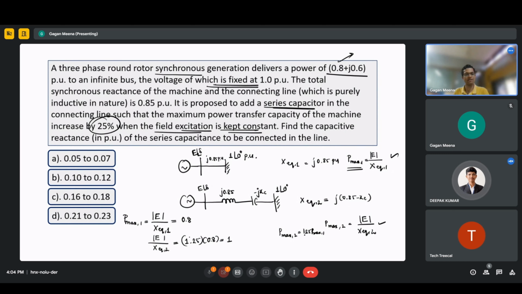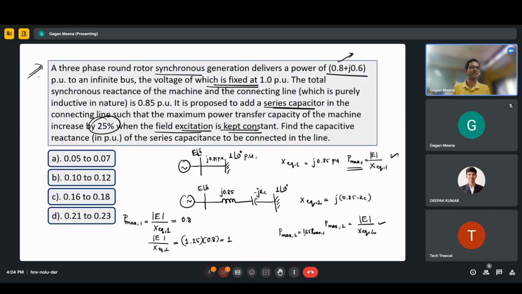So how, sir, XC you're saying 1? How? X equivalent 2 is 1. No, how? Magnitude of E is 1. Magnitude of P or E? E. No, E we don't know.